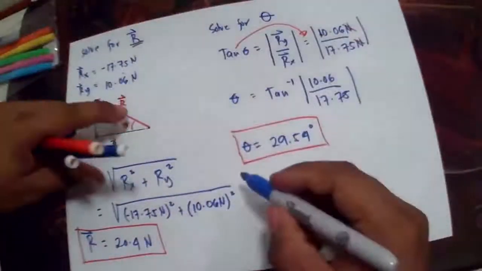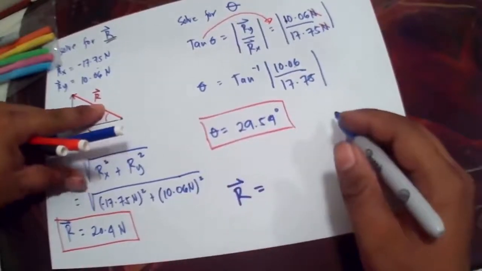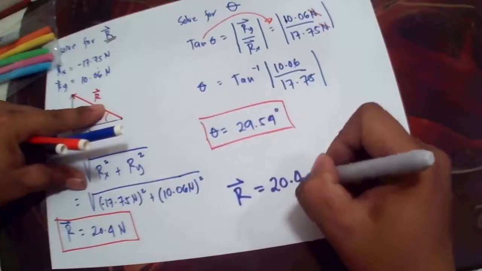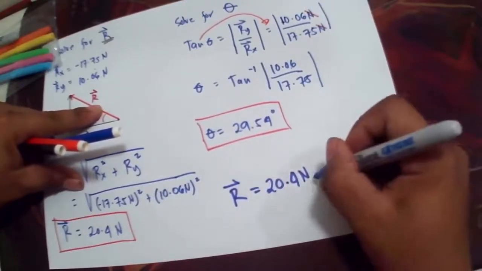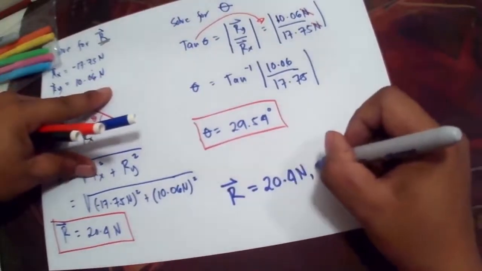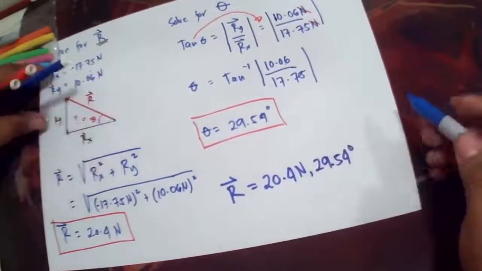Now to express our final answer, I will write it here. Final answer: the resultant vector is equal to 20.4 newtons, angle is 29.54 degrees.